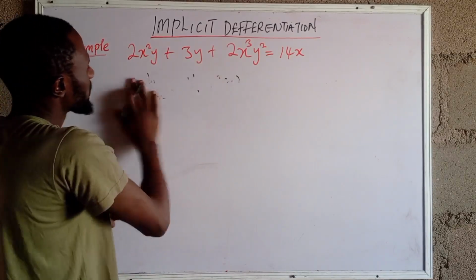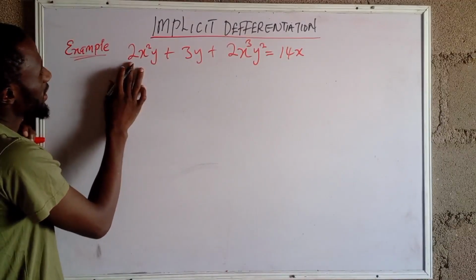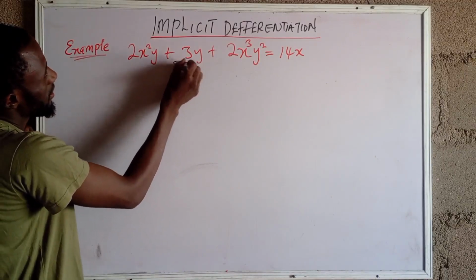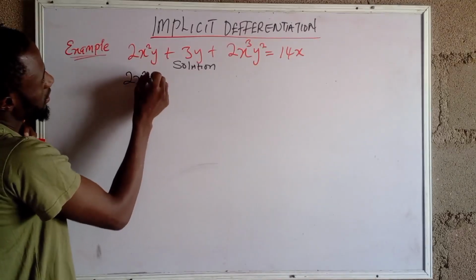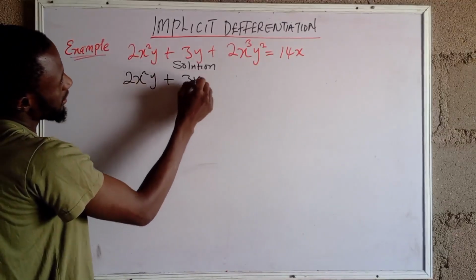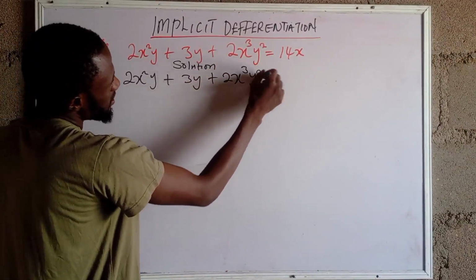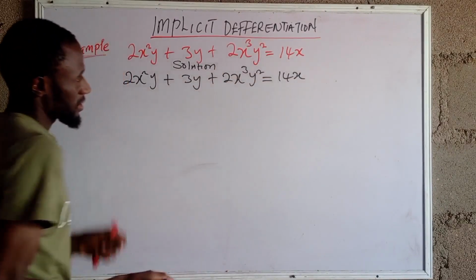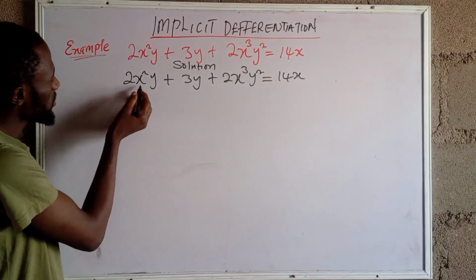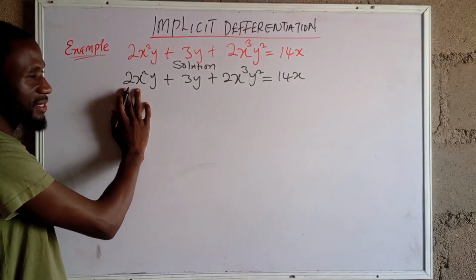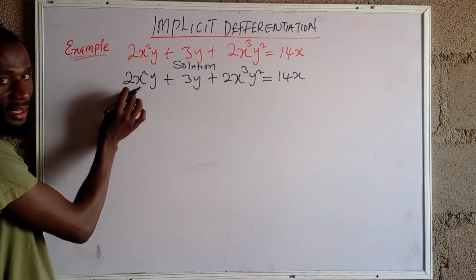Okay, let's go there. In the first case here, let's write the solution. We have 2x squared y plus 3y plus 2x cubed y squared equals 14x. For the first term, once you differentiate x together with y, you can keep y constant and differentiate the x.